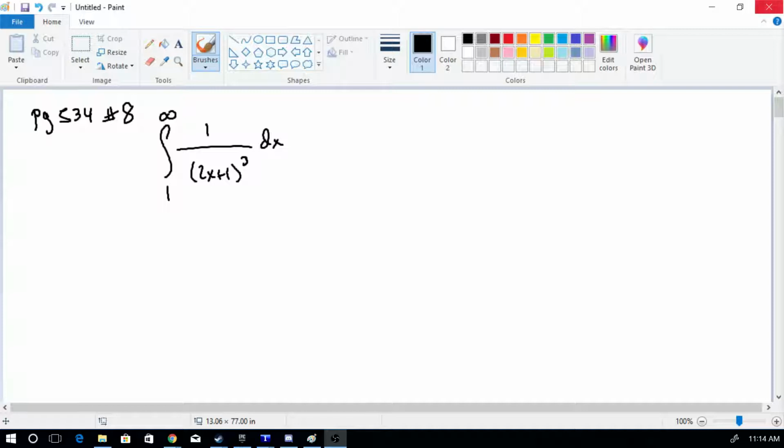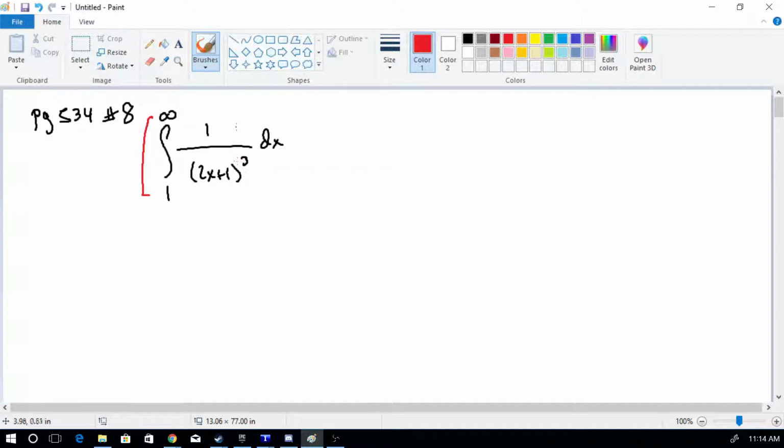Alright. We have a really nice hint here. Our interval is from 1 to infinity, and I just have a constant over some sort of monomial cubed.